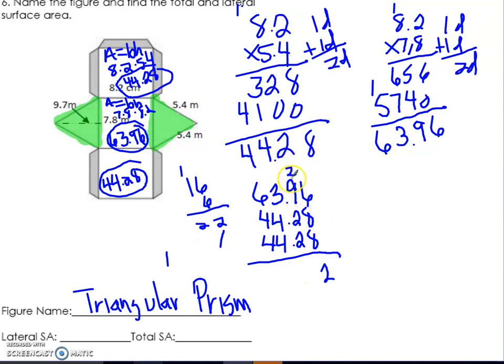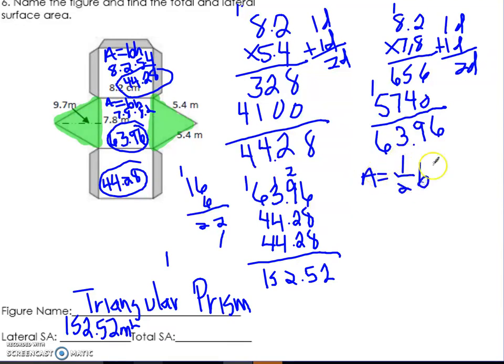We have 9, 10, 11, 12, 13, 14, 15. 8, 9, 10, 11, 12. 10, 14, 15. So we have 152 and 52 hundredths.